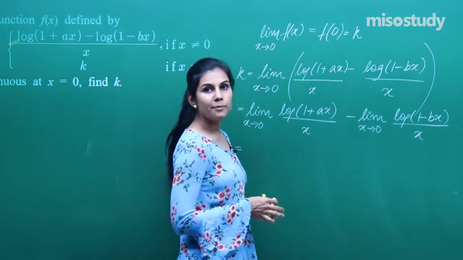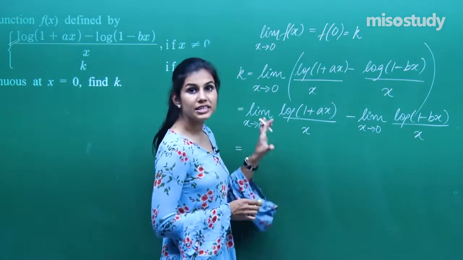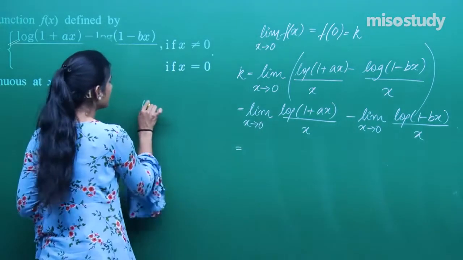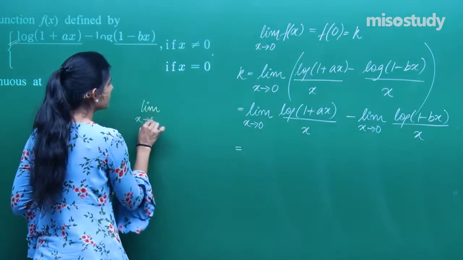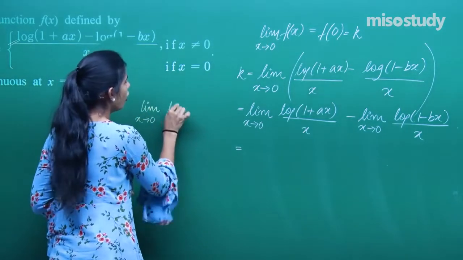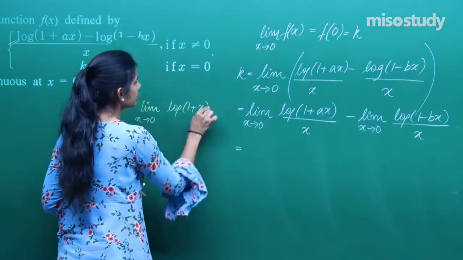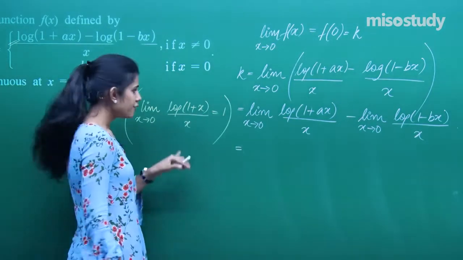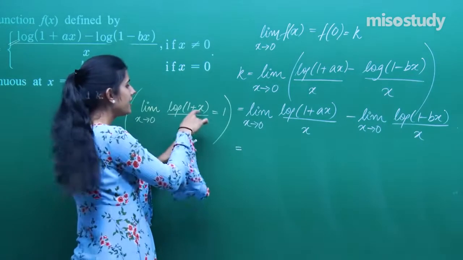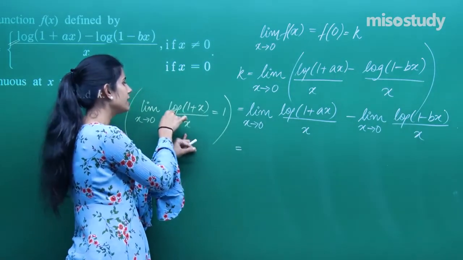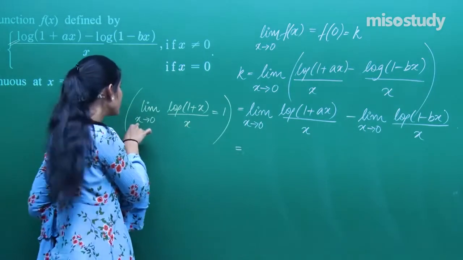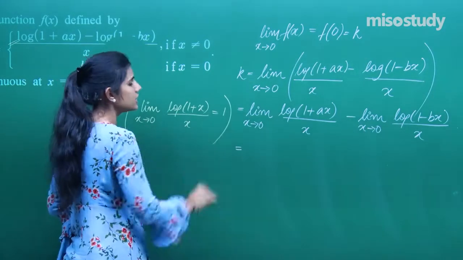Now what I am trying to recall here is that this resembles a very important, famous formula: limit x tends to 0, log of 1 plus x whole upon x is 1. If you have such an expression where an argument is added to 1 inside the log, the same argument is in the denominator, and that argument is approaching 0, then the value of this limit is 1.